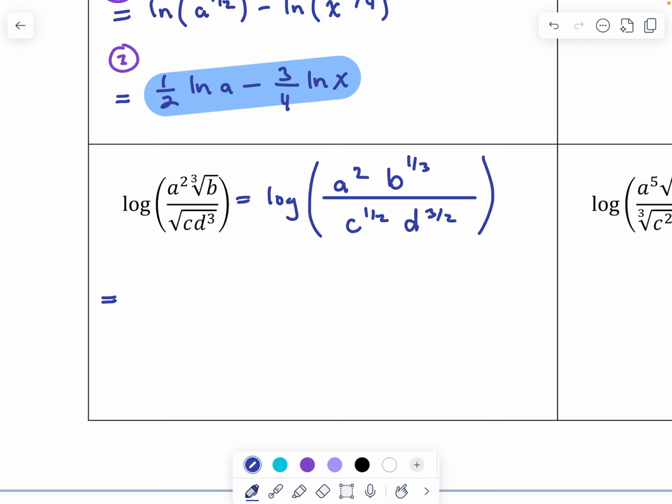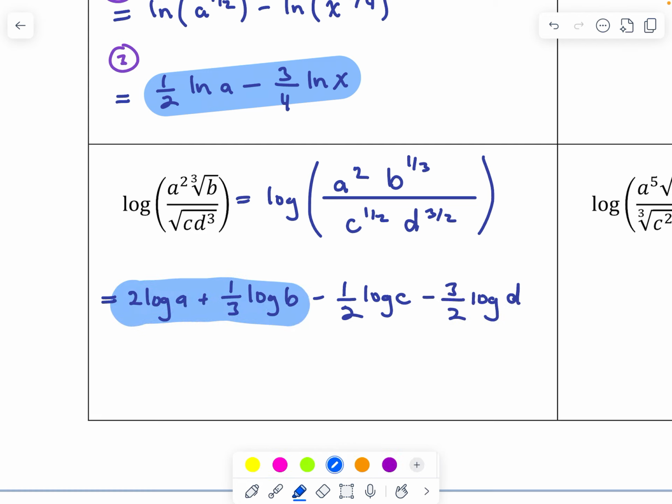So the answer for this is 2 log A plus 1/3 log B minus 1/2 log C minus 3/2 log D. Right, that just used all three properties in one step.